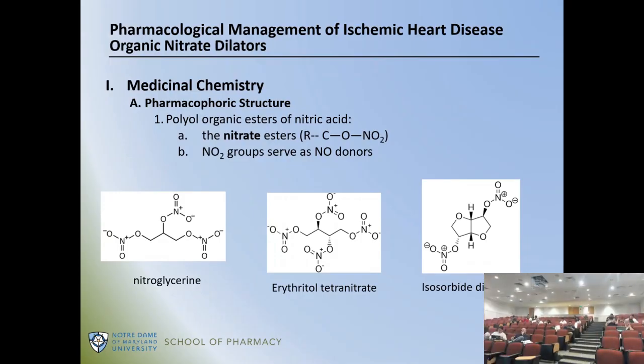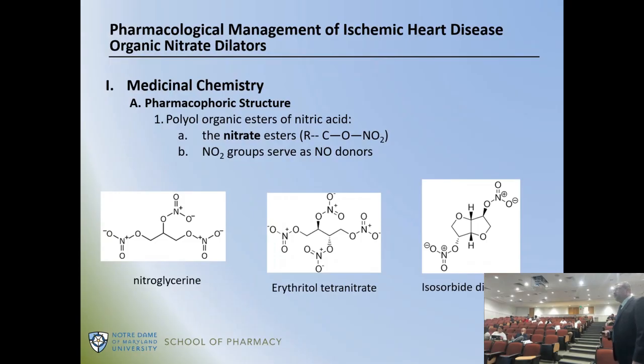All of these drugs are referred to as polyol organic esters of nitric acid. So they're all based upon a nitric acid structure, and they've got multiple nitrate ester groups, characterized by a carbon, oxygen, and NO2 group. For nitroglycerin, you can see we've got 1, 2, and 3.